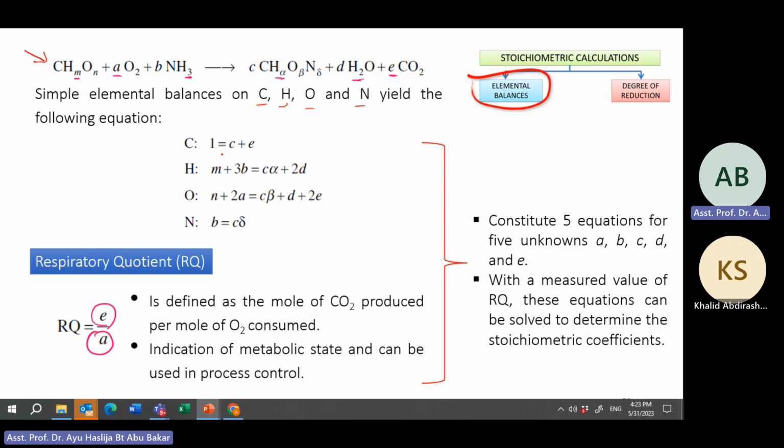We need to balance the equation in order for you to identify the unknowns. Here, balance the C, right hand side, left hand side. You will have a few equations over here. The unknowns. Okay, this part, know how it gets.